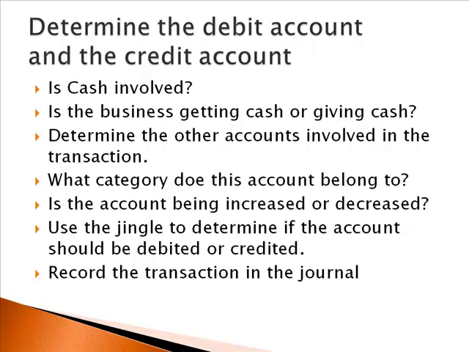We know that the cash account is an asset account, and we know from the jingle that asset accounts are increased with a debit entry. So anytime we get cash, in other words, some customer pays us money or we receive money for rent, or the owner makes a contribution to the business, then the cash fund must be increased, and we do that with a debit entry.